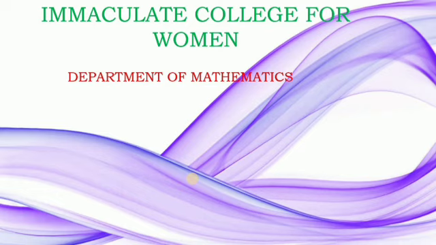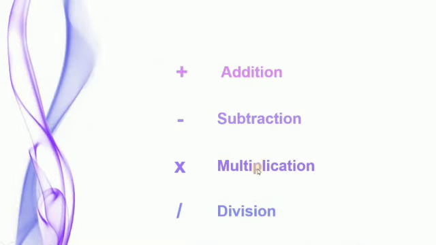To operate on numbers, we use many operators, right? The four basic operators are addition, subtraction, multiplication and division. Here we all know these basic operations, and let us concentrate on division.